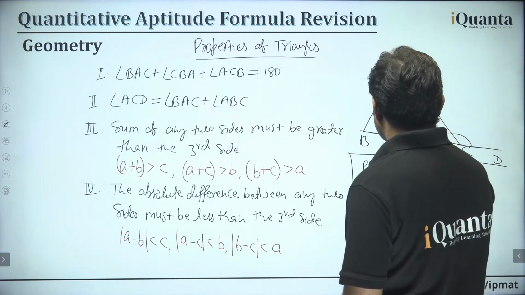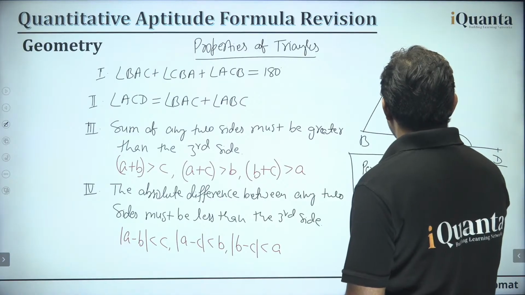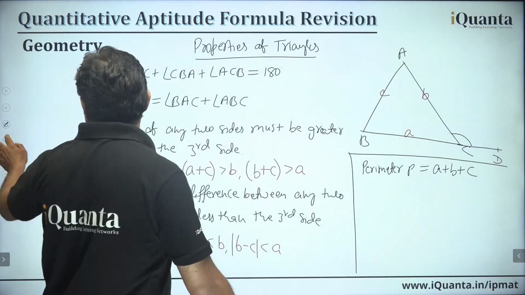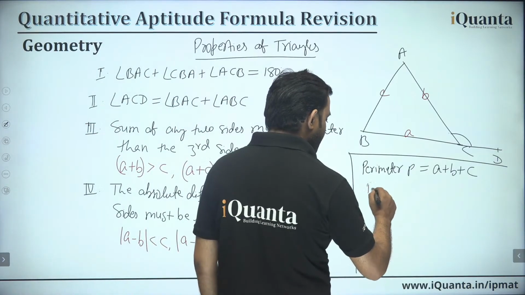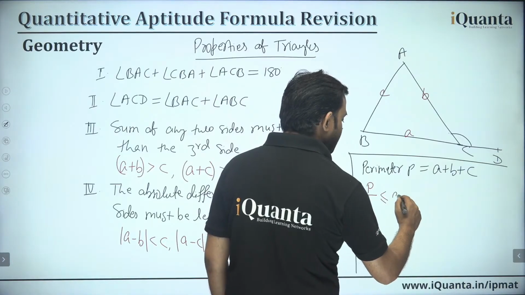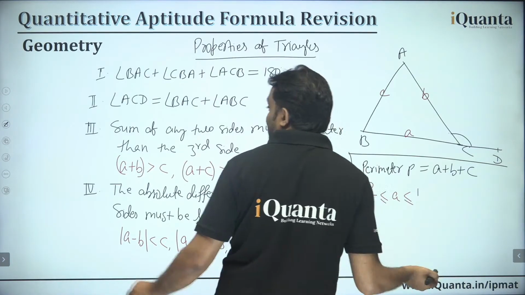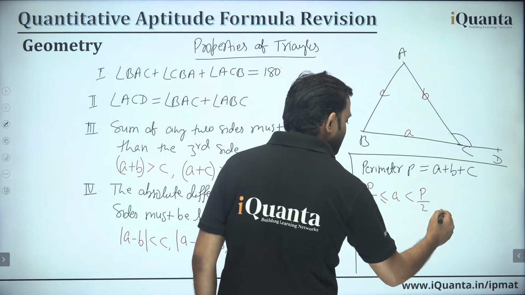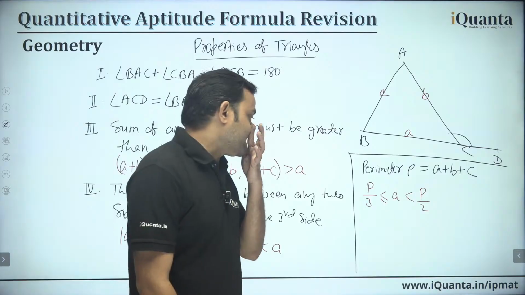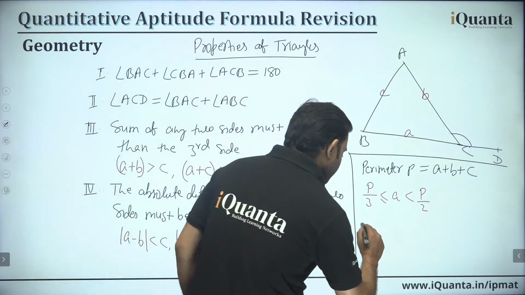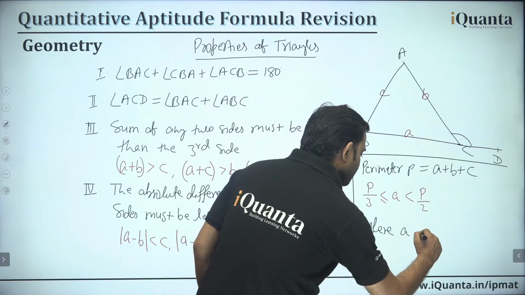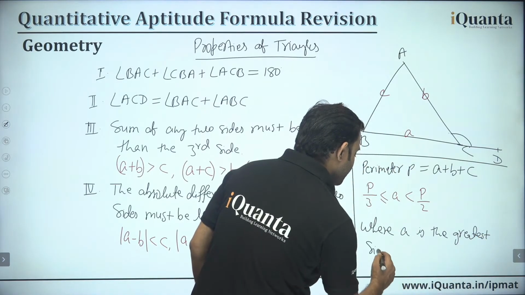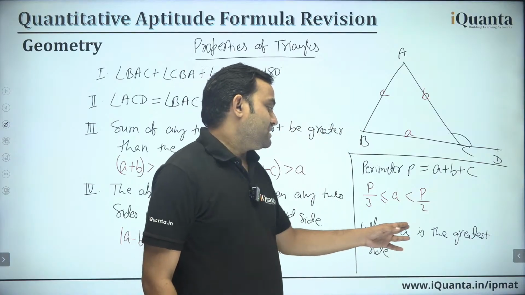Now, what else can we say? The perimeter. If the perimeter P is equal to a plus b plus c, then we can say that P must be less than or equal to a, which must be less than P by 2, where a is the greatest side.